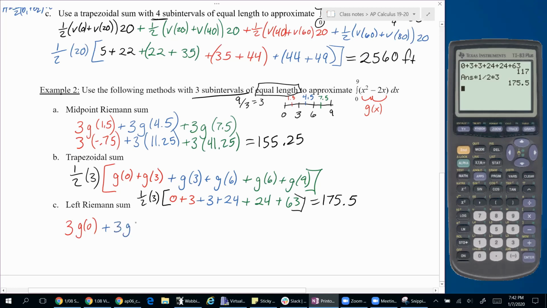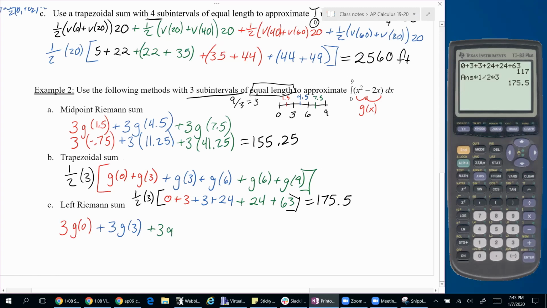So 3 times g of 3. And the last interval, still bottom of the rectangle is 3. And the left side of this, between 6 and 9, is 6. Notice we're not using 9 at all because we're doing a left sum. If we were doing right Riemann sum, we wouldn't use 0 at all.